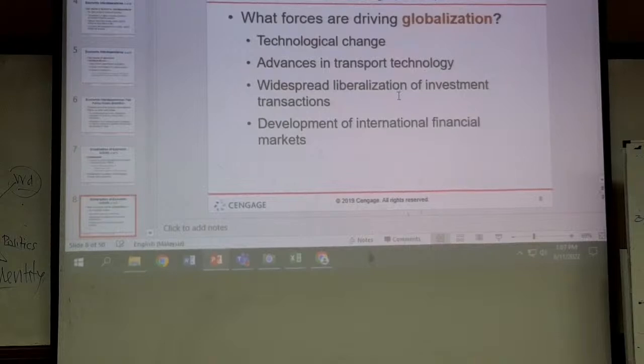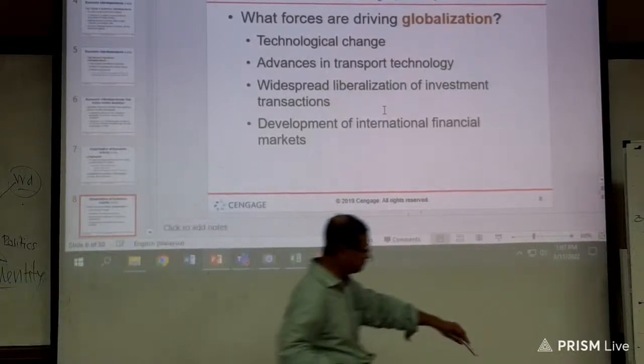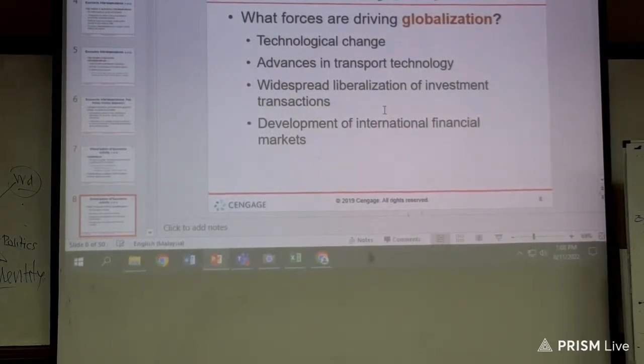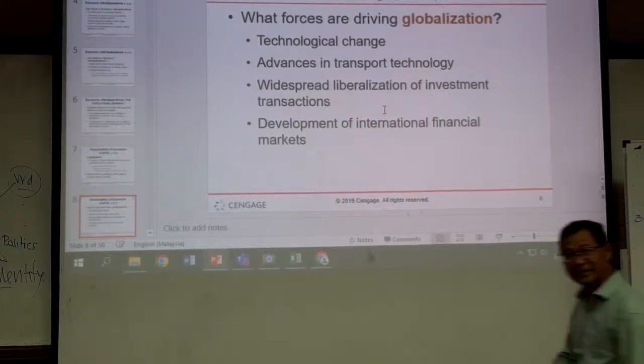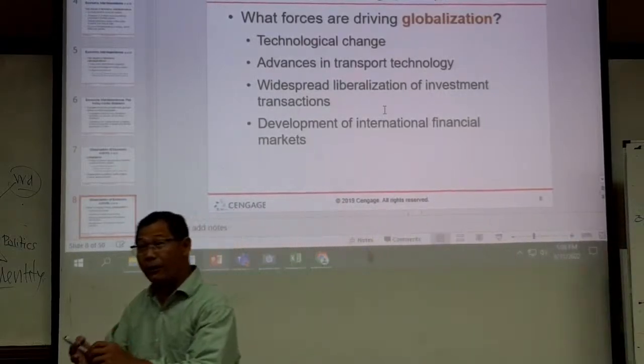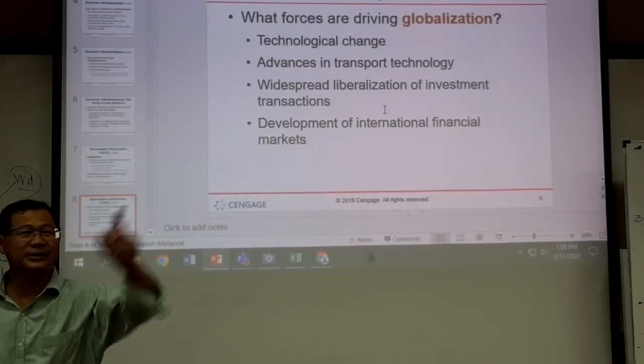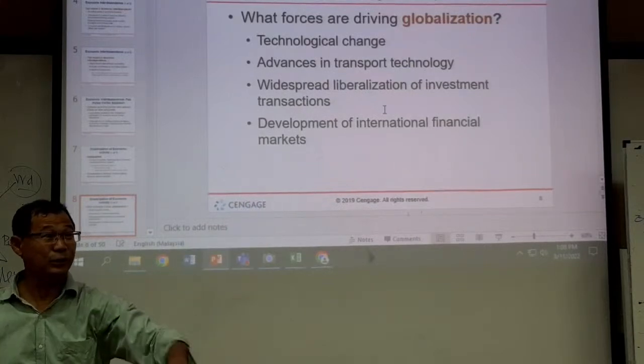So, what about liberalization of investment transactions? Investment goes with globalization accelerated by technology. Investment now, you can push a button. Sell, okay, sell. Technology now, push a button. Someone cares. Long ago, you must write a letter, a love letter. 2 weeks to arrive in another country.